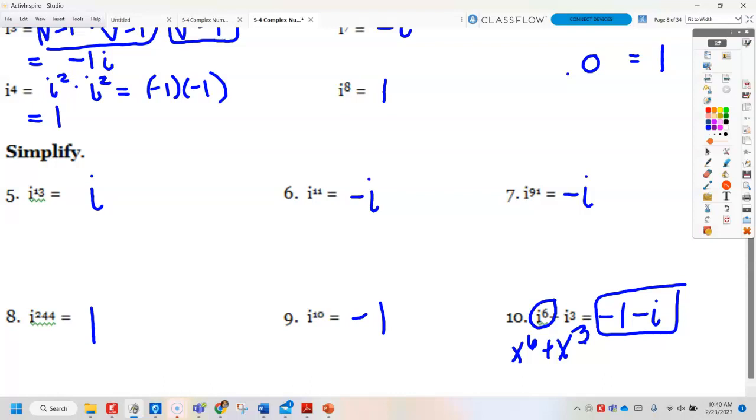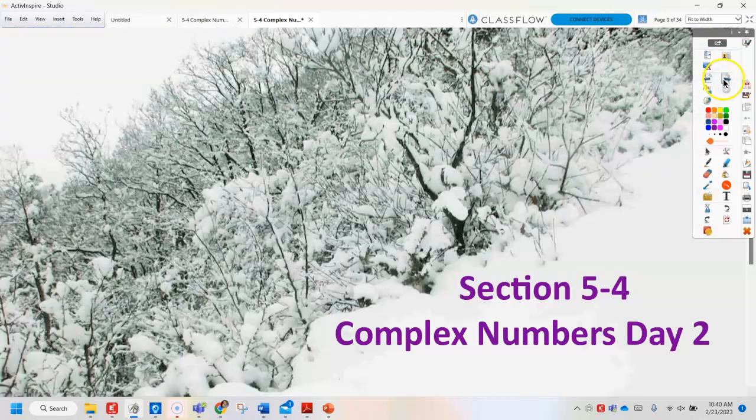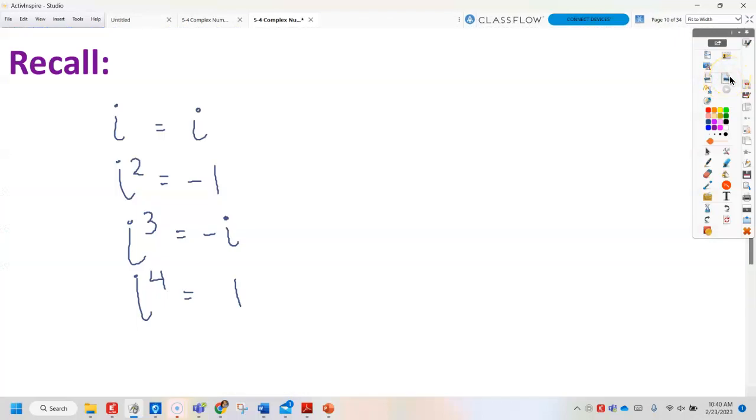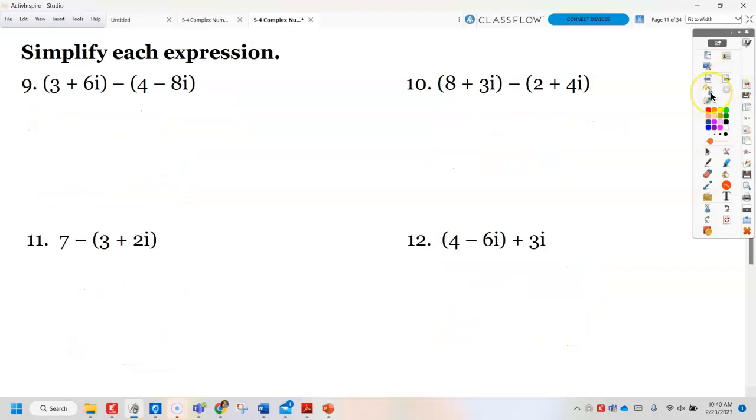Okay, turn to day 2 in your notes. The rest of today is really, really easy if you're good at combining like terms. So think of i like a variable x, right? If I have 3 plus 6i minus 4 minus 8i, I want to combine like terms after I distribute my negative.